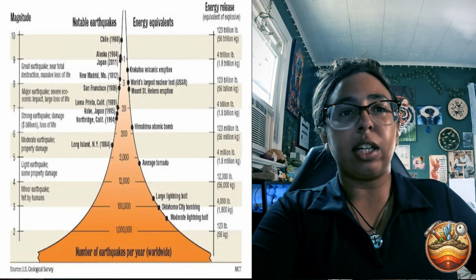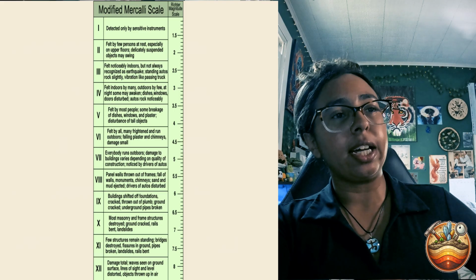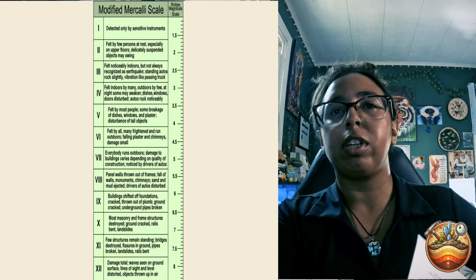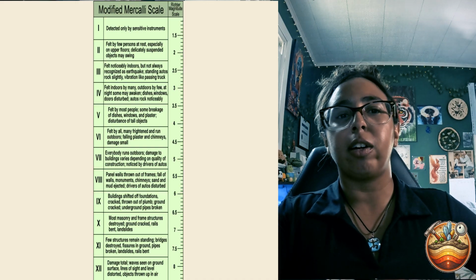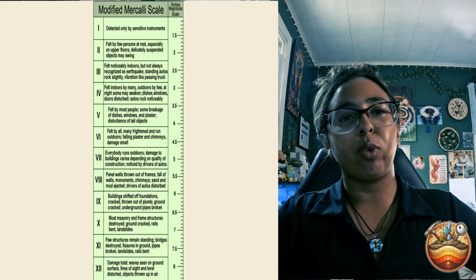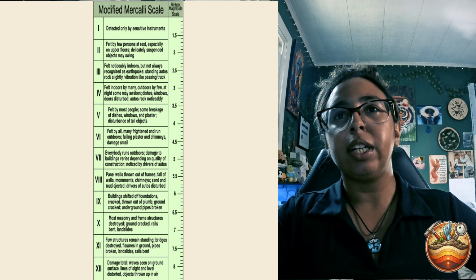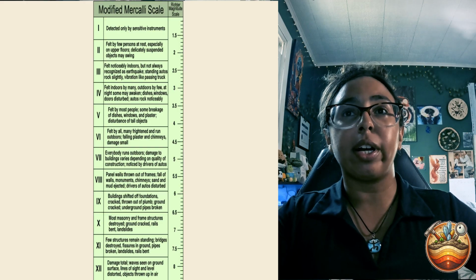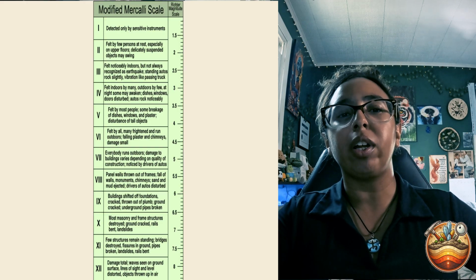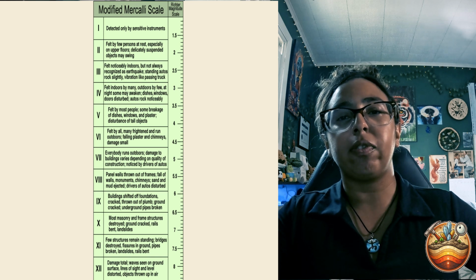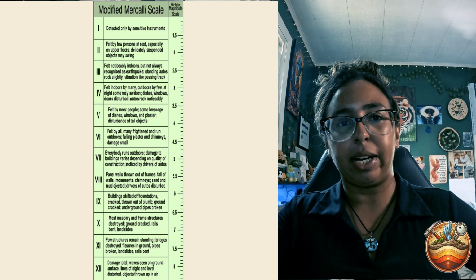So just take a look at that graph. It's pretty interesting. And then there's slide 15, which shows you the modified Mercalli scale for intensity. Again, it ranges from 1 to 12 in Roman numerals, and it does compare on the right to the Richter magnitude scale for what you might feel in terms of intensity for different levels of magnitude.